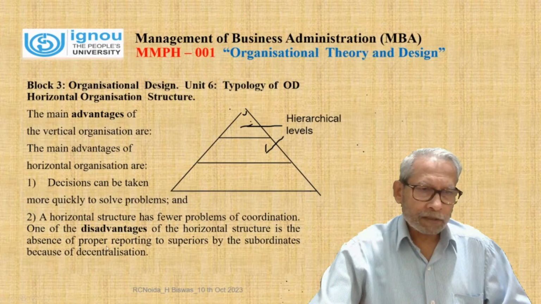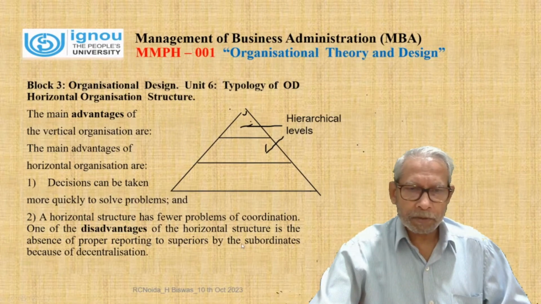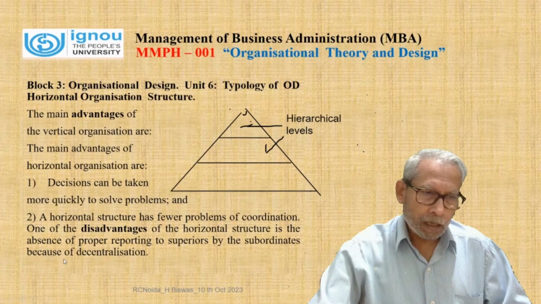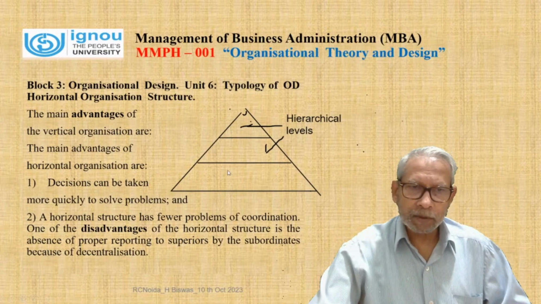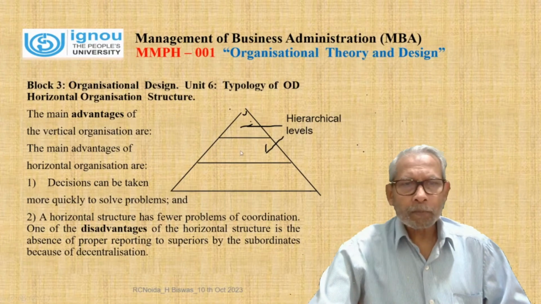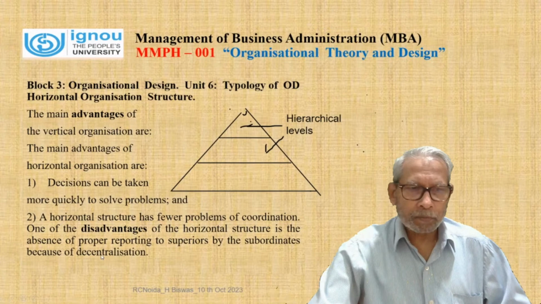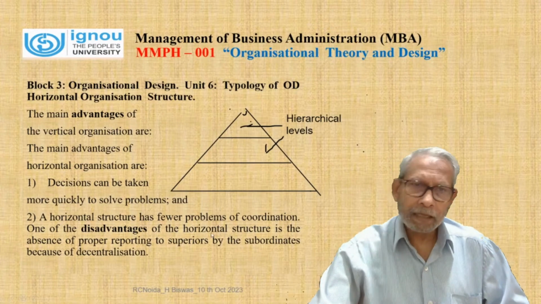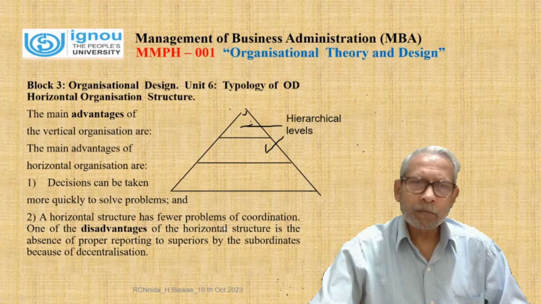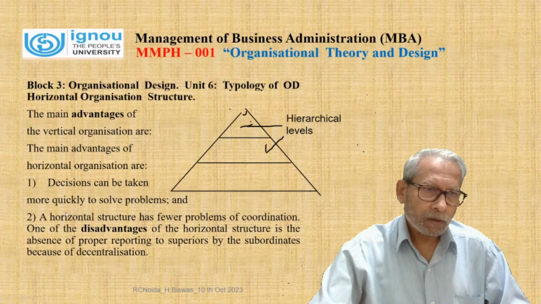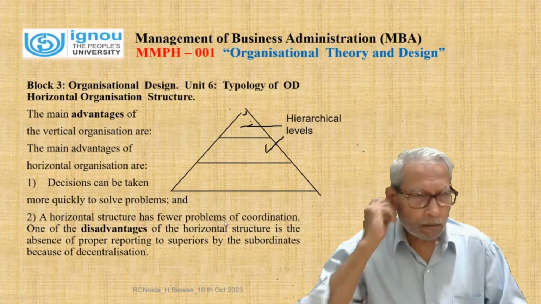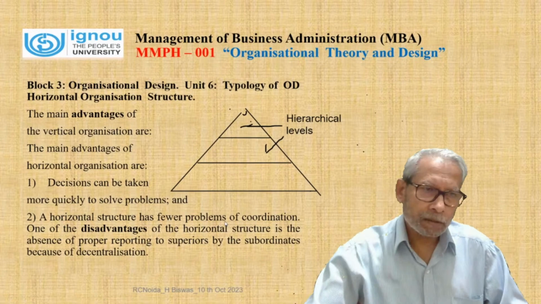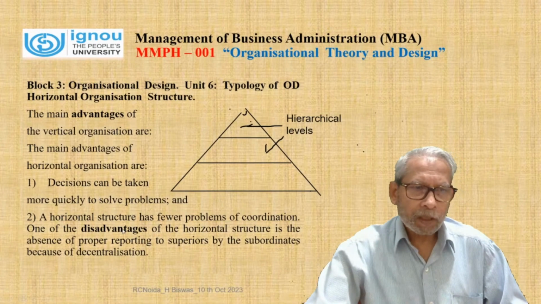There is also an absence of proper reporting to the supervisors by the subordinates, because of decentralization, since the power is given to particular levels. So there are chances that the decision making process may go wrong. These are some of the advantages and disadvantages.